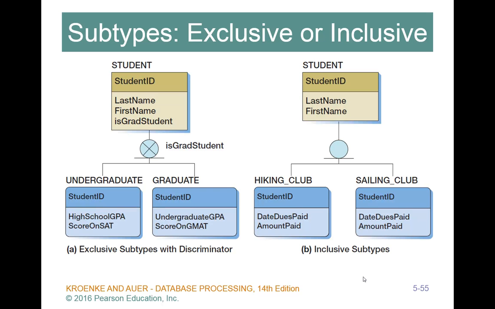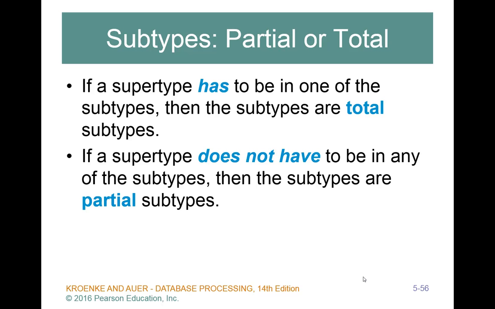So if a supertype has to be in one of the subtypes, then the subtypes are what's considered total subtypes. If a supertype does not have to be in any of the subtypes, then the subtypes are partial subtypes. Make sure that you understand the difference between total subtypes and partial subtypes.